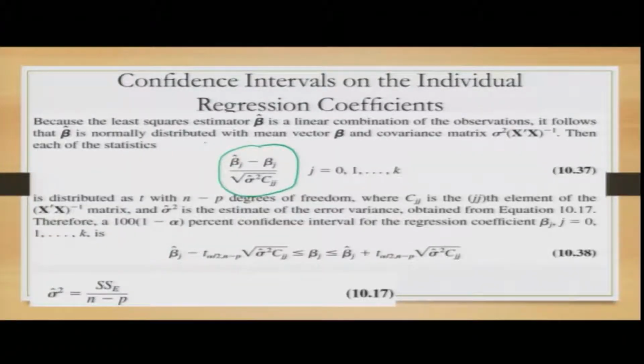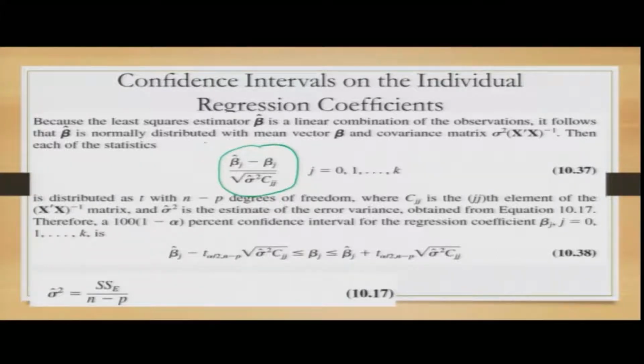Beta hat is the random variable, beta j is the expected value, divided by the square root of sigma square C jj, which is the standard error. It is distributed as a t distribution with n minus p degrees of freedom, where C jj is the jth diagonal element of the matrix X transpose X inverse, and sigma square hat is the estimate of the error variance obtained earlier.